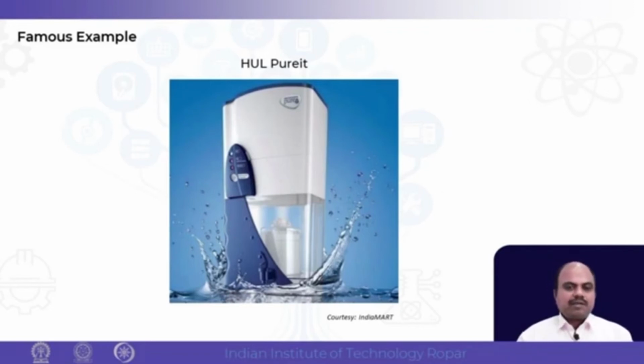How does it work? It has a filtration system, water is poured on top, and due to gravity it filters, and whatever filtered water comes out, one can drink. It is a very good filter. After something like 1,500 liters of filtration, you need to change the candle. That costs only around 300 rupees.